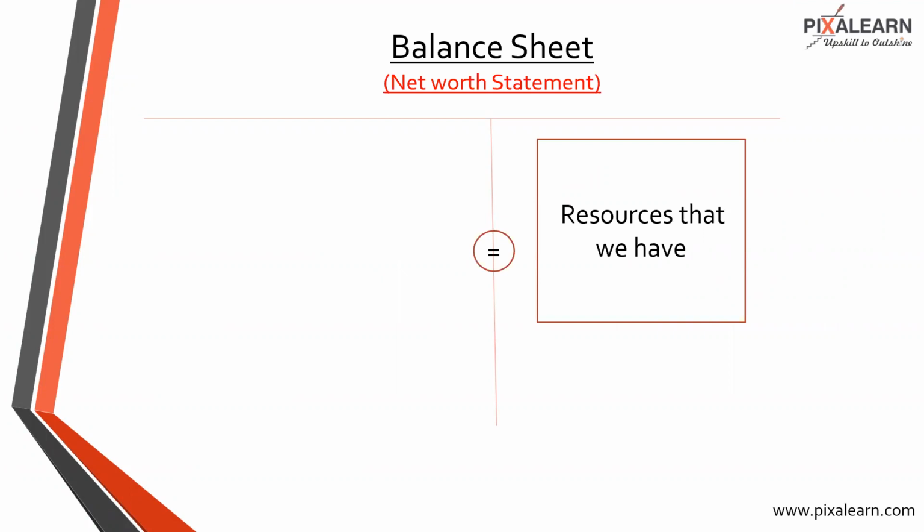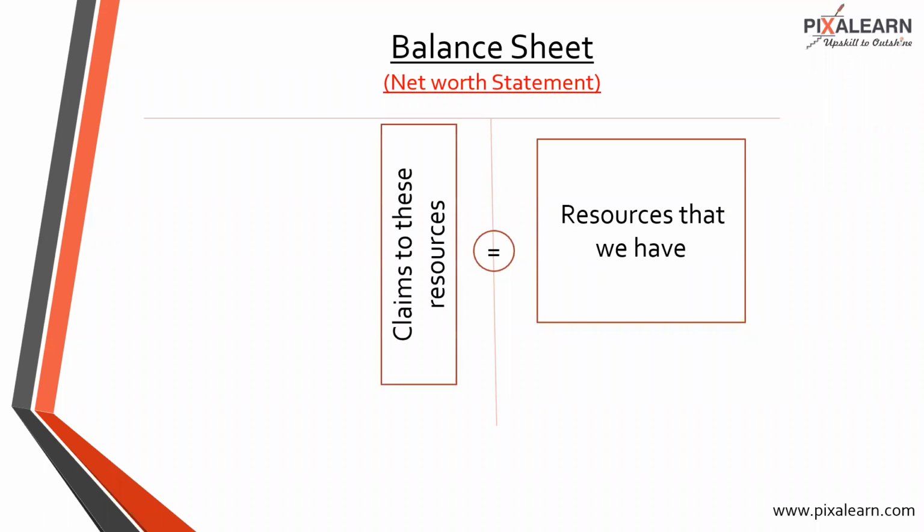And the balance sheet says, typically, in a tabular format, that the resources that an entity has is always equal to the claims to those resources. In other words, all the good stuff that an enterprise has, maybe cash, bank, land, building, machinery, technically termed as assets, are equal to those claims that arose as a result of owning these resources.